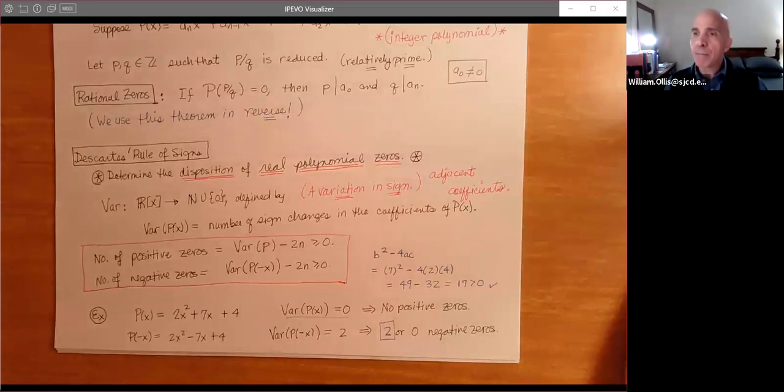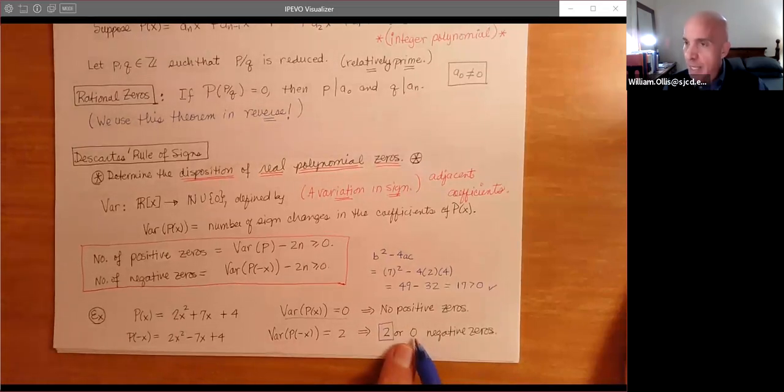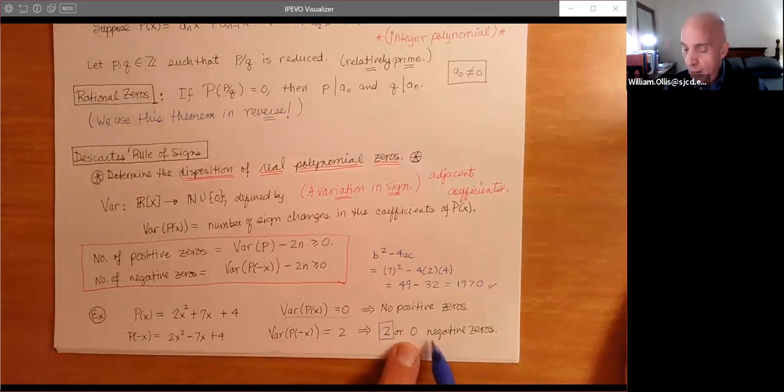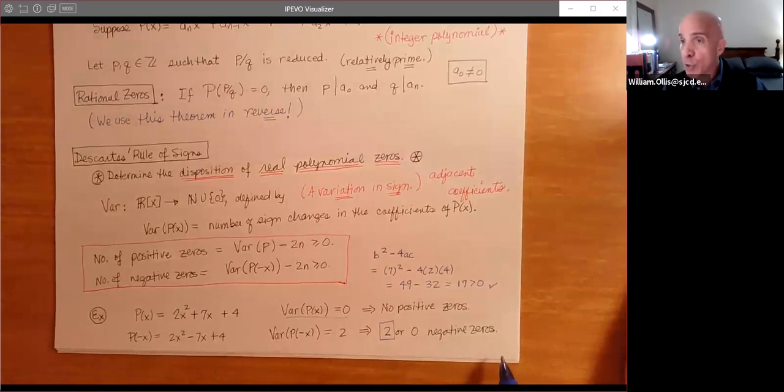That is, maybe we've got a higher degree polynomial and we just want to see about the disposition of zeros. So of course here, if it turned out that we had no negative zeros, then the alternative to that would be 2 imaginary.